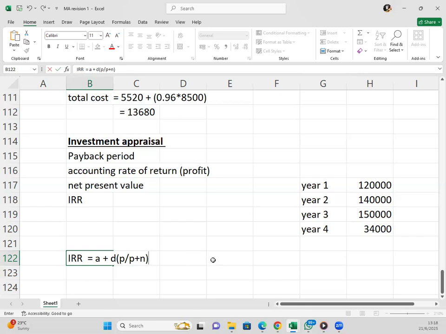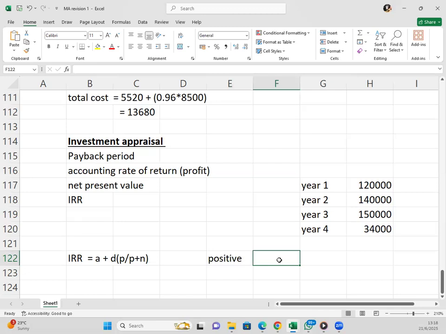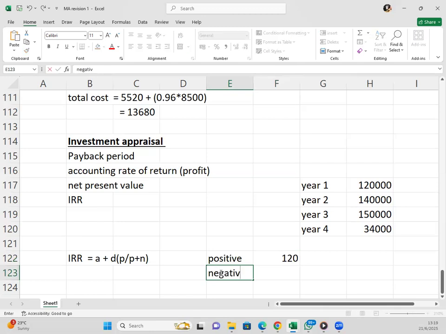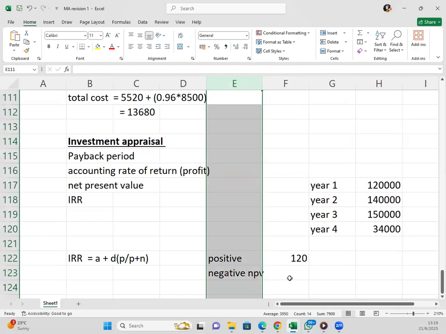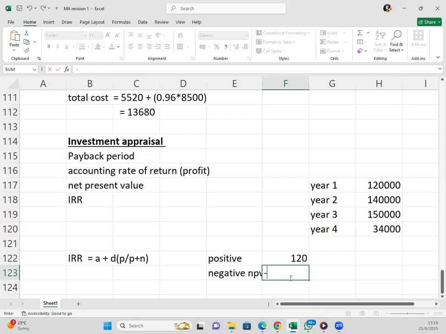What do I mean by that? Let's say the positive NPV is 120, and the negative NPV is minus 50.